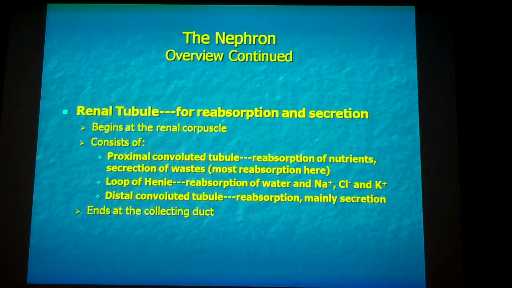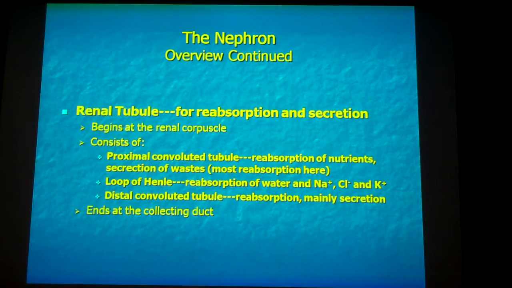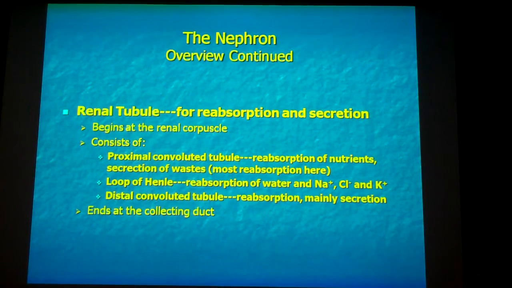Okay. That's the only thing that happens there. The distal convoluted tubule does reabsorb some stuff, but it has the capacity to secrete things into tubular fluid. So by secretion, we mean things pass from blood into interstitial fluid, into tubular cells, into tubular lumen, and down the drain. All right, that's what secretion is.